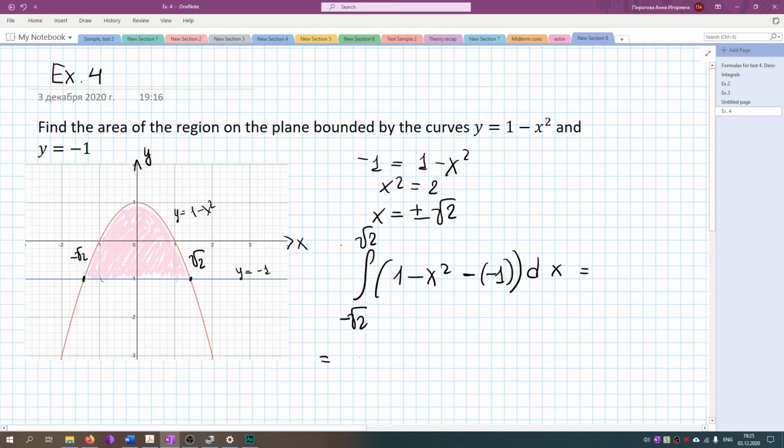After this, we will just need to simplify the integral: 2 minus x squared.